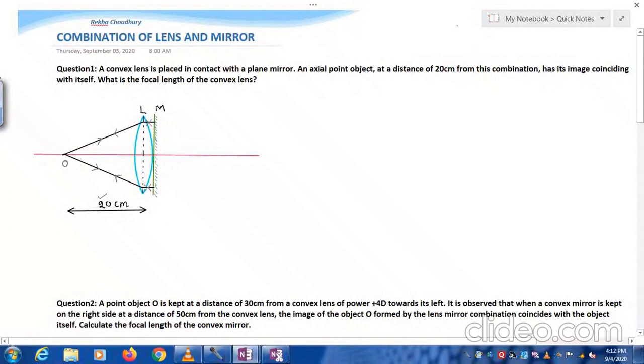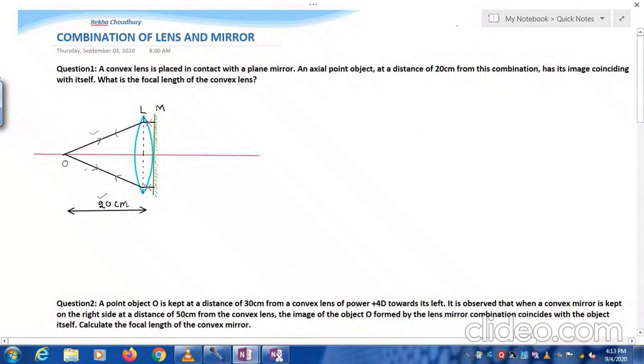See, in this diagram, these two incident rays after refraction through the lens must meet the mirror normally, then only they retrace their path after reflection. So it is the case of normal incidence upon the mirror.